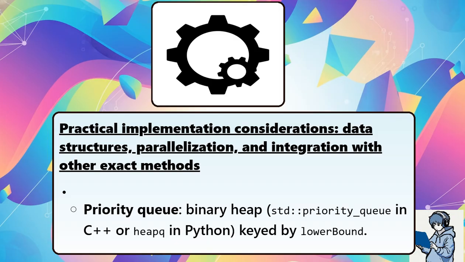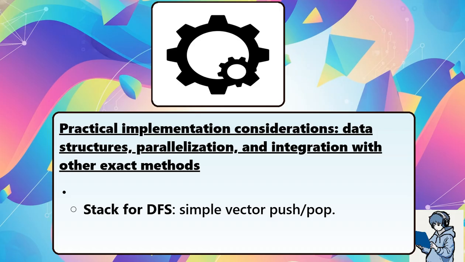Priority queue: binary heap, std::priority_queue in C++ or heapq in Python, keyed by lower bound. Stack for DFS: simple vector push/pop.